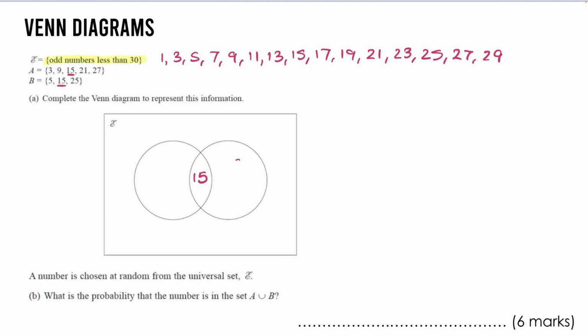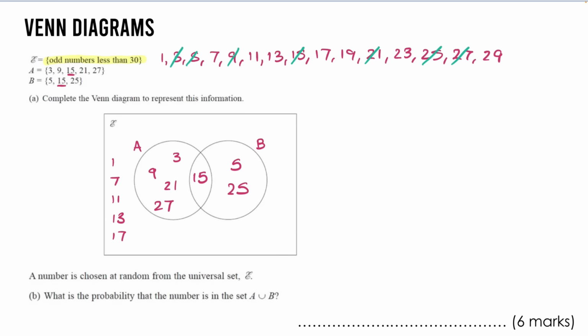We are then told in B we have 5 and 25, and we will need to label this Venn diagram if it's not labelled, so we'll have B on the right, and on the left we have the 3, the 9, the 21 and the 27. Now if I go through my list crossing these out, we've used 3, 9, 21, 27, 15, 5 and 25, and all of those remaining numbers need to go around the outside.